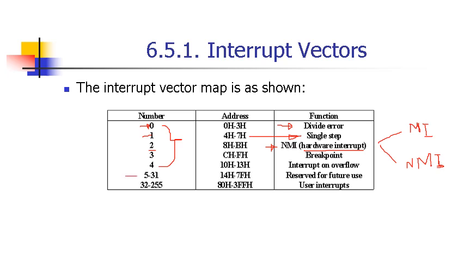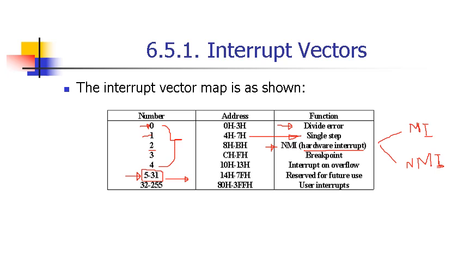Interrupt vectors number 5 to number 31 are reserved by your system designers for future use, and we'll see in a moment how we could use these interrupt vectors.